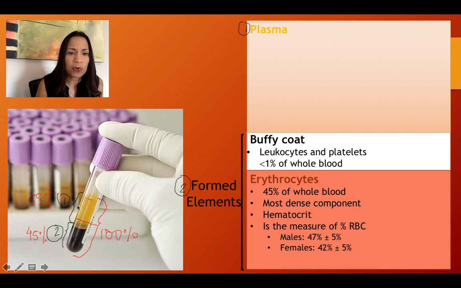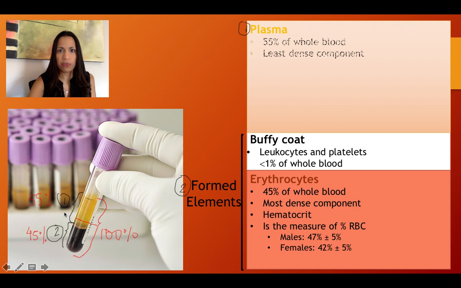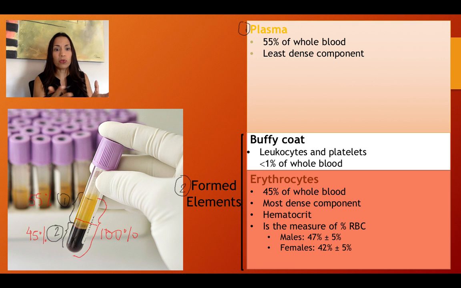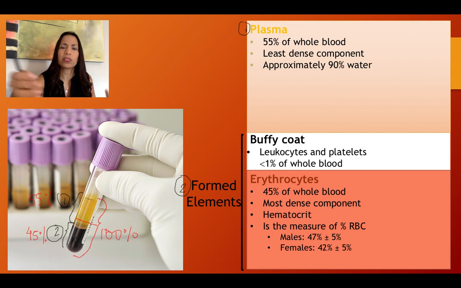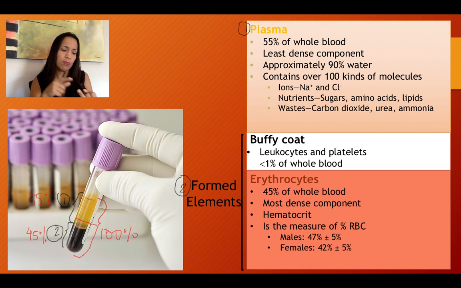Now let's talk a little bit about plasma. So as you can see, it accounts for 55% of the whole blood. And when you examine plasma, most of that is water. I think, yeah, 90% of that is water. And we have floating in there some solutes. So we have ions: sodium, potassium, chloride.